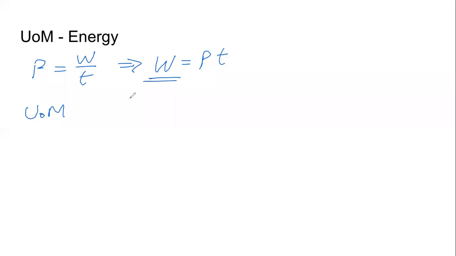Remember, power, we say, is work done by time taken. From here, we can say that work done or the energy consumed equals power into time. Simple algebra. We are moving the T from right hand side to left hand side. Now, with respect to this definition, our unit of measurement of work done will be watt for power, second for time.